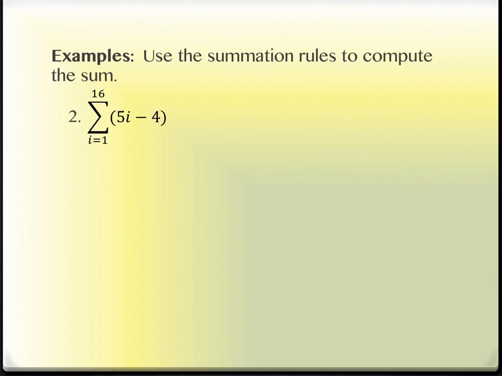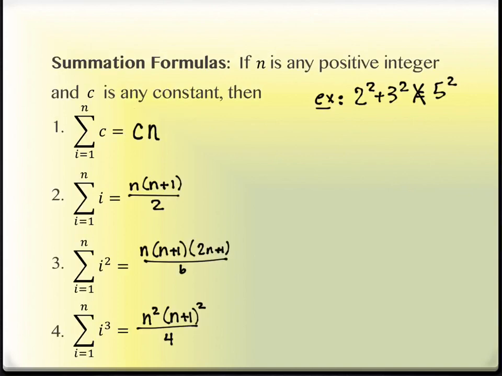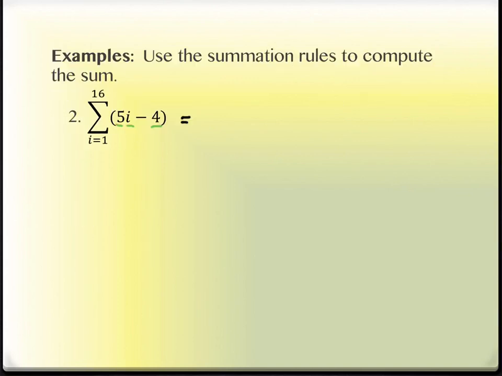Now, before you go finding the summation, we actually have to do some notation that makes the summation work. I can't just jump in and use pieces. I need to separate what I have. So the first thing I'm going to do is separate all these pieces out. So I have this 5, I have this i, and I have this 4, and they all need to be separated so that they start to look like these specific pieces. So what does it look like?